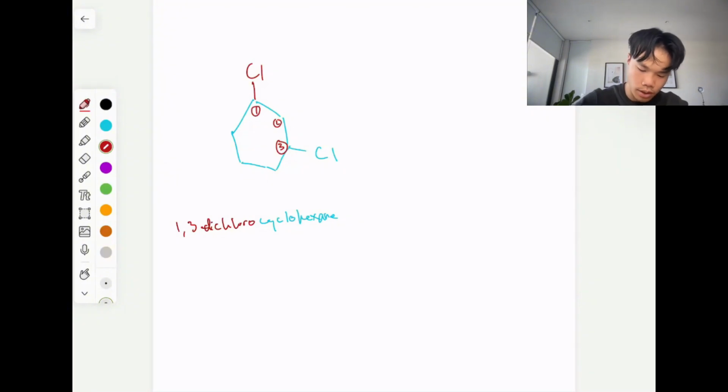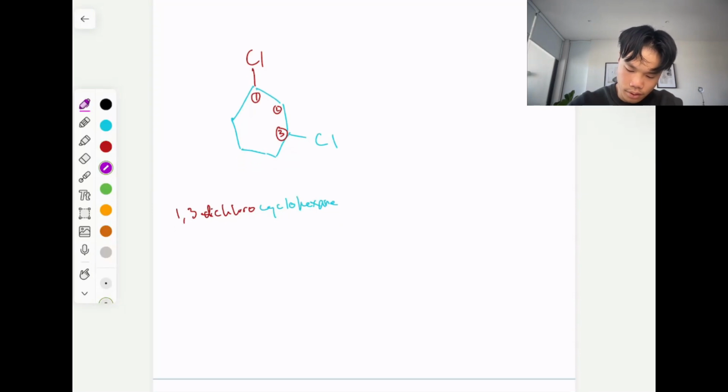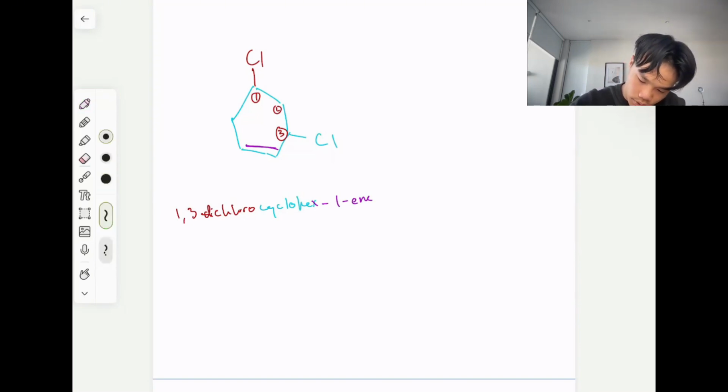Right. And say if there's a double bond. Sure. If there's a double bond, let's say it's all the way over here, double bond there. Now it's going to be cyclohexene, and whatever that hexene is, it's going to be the lowest locant, since it is a higher priority than the chlorines. So it'd be hex-1-ene, and numbering to have the lowest point of difference for chlorine.